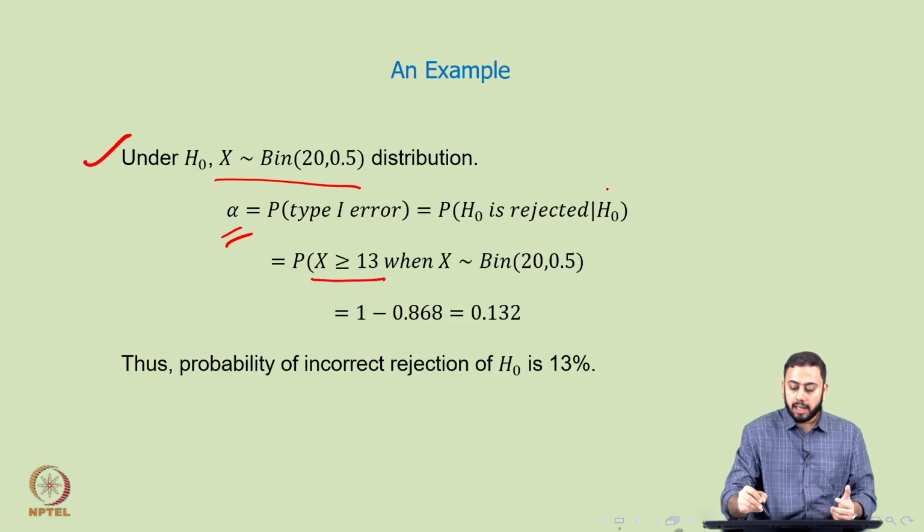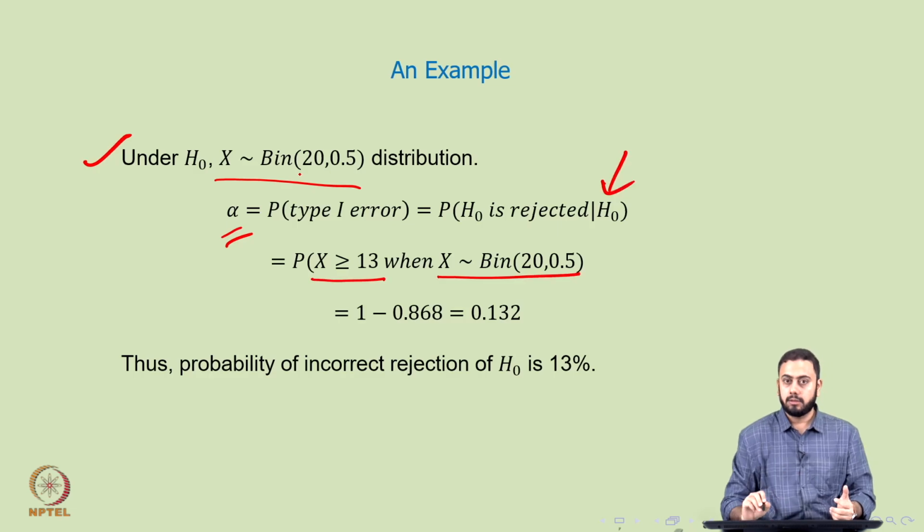And given that the null is true, x is binomial(20, 0.5). So what is the probability that x is at least 13? I can do this calculation in Excel, or pull up a binomial table, and it turns out that the answer is 0.132, which means the probability of incorrect rejection of the null is 13%.